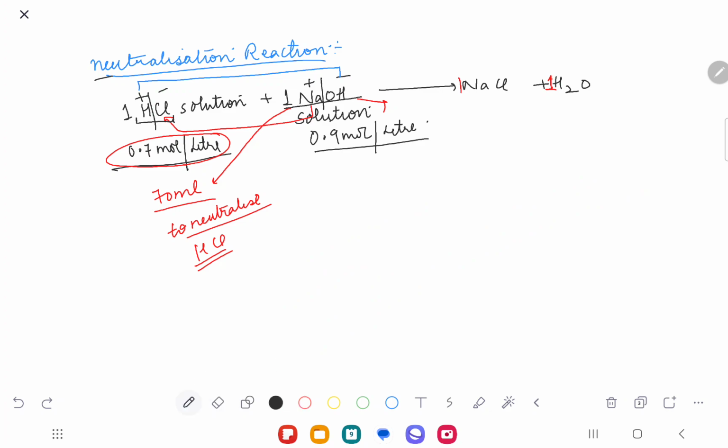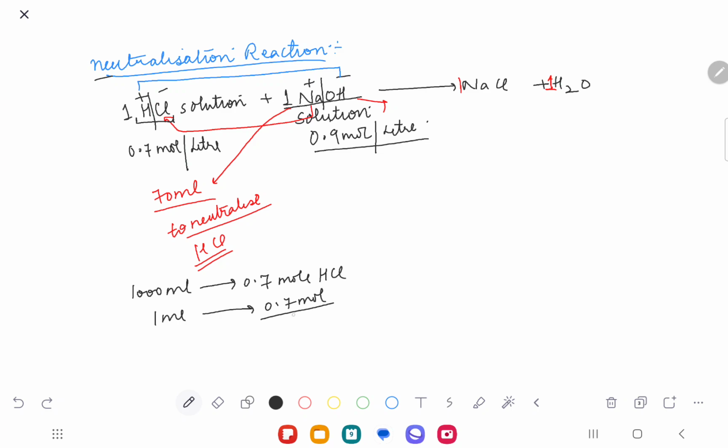Now the question is, the kind of solution that you have right here, what is that? 1000 ml of solution will have 0.7 moles of HCl. So 1 ml will have 0.7 over 1000 moles of HCl. Are you understanding?